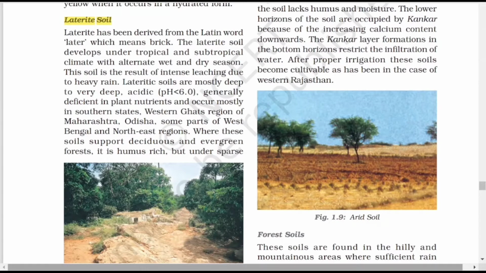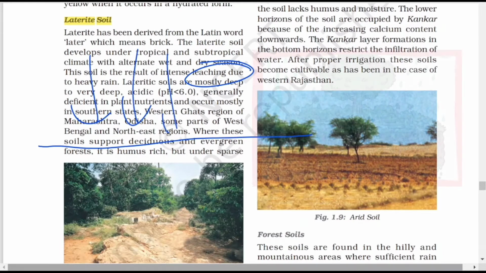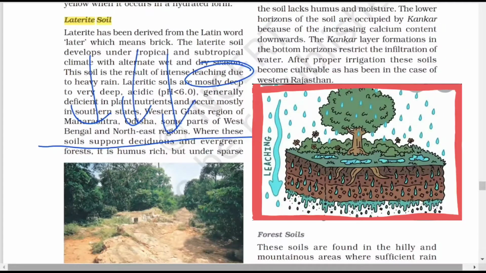This soil is the result of intense leaching due to heavy rain. Now first you need to understand the meaning of leaching. What is the leaching process? Do you know the leaching process? Leaching means whenever there is rainfall, the rainwater will come and settle down on the top layer of the soil.